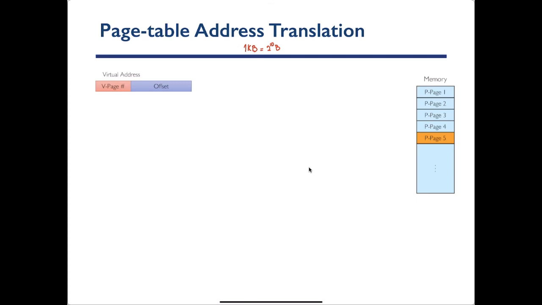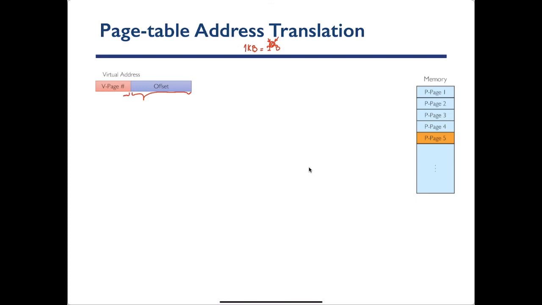So this means that you need 10 bits to address each byte in your page. So we're going to use these 10 bits in the address as offset. So the offset is basically used to find a particular byte in each page.